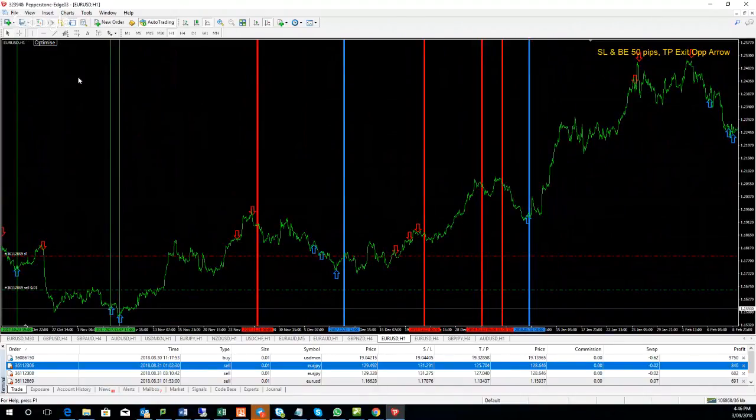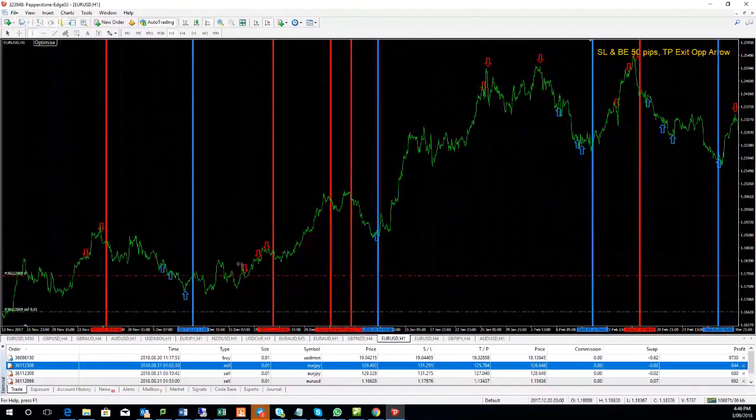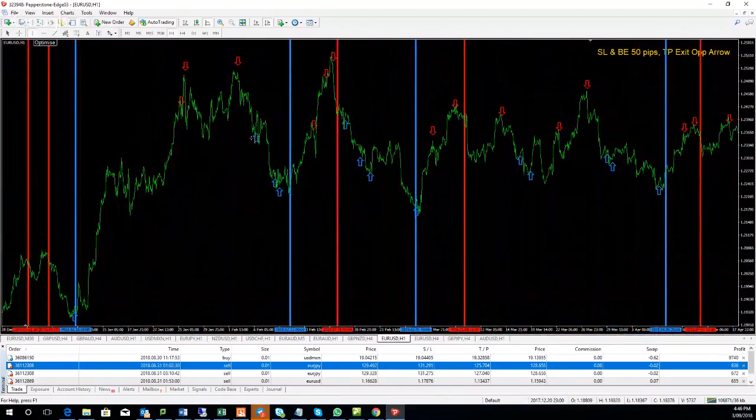Now we've got a sell on the H4, but there's no pullback there. Buy on the H4, no pullbacks. So here's a buy. Okay, so here's our first pullback here, but that was a smashing loss.